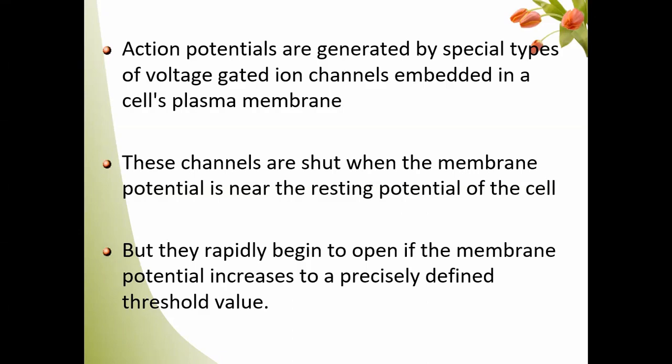Okay, these action potentials are generated by some special type of voltage-gated ion channels. These ion channels are in the cell's plasma membrane. They will shut down when the membrane potential is near the resting potential, but the channels will begin to open when the potential increases beyond the defined threshold level.